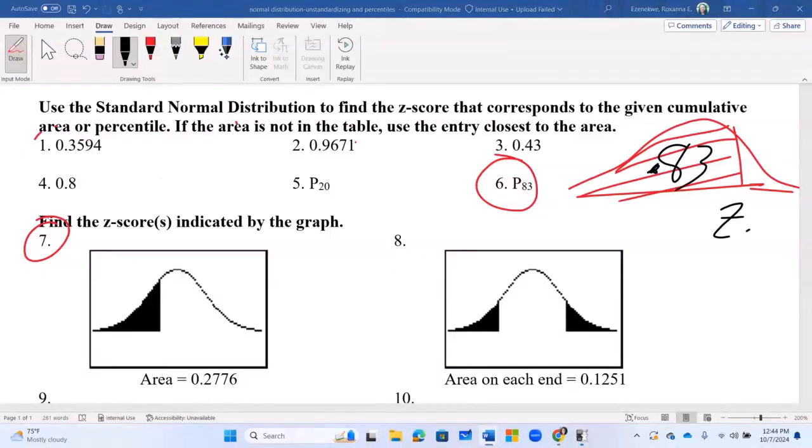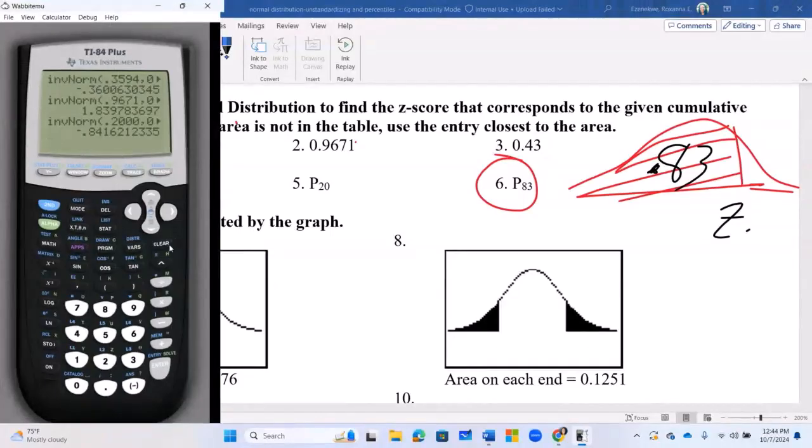So I will go to my calculator and go to inverse norm. Then I'll go to number 3. The area given to me is 0.83. The mean of the standard normal is 0. The standard deviation is 1.